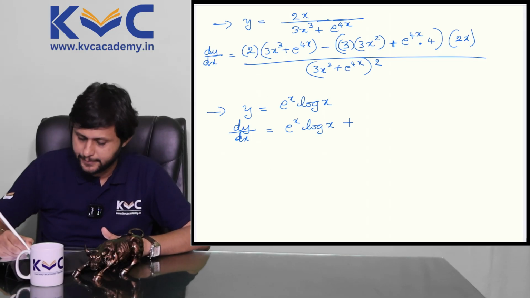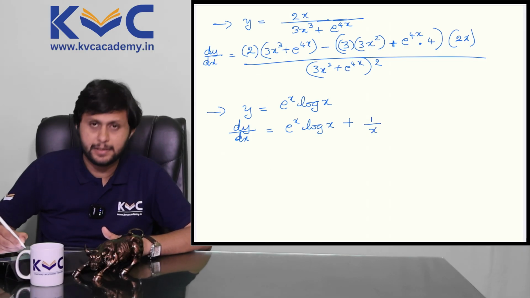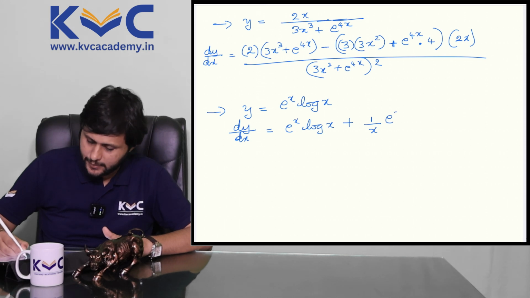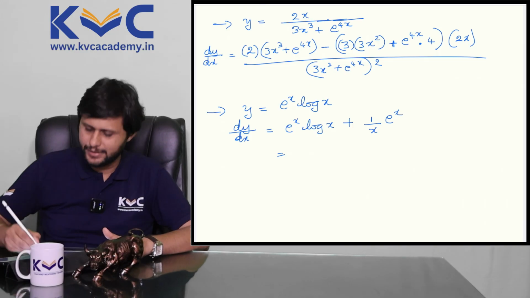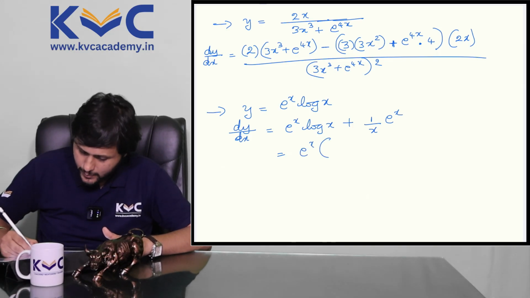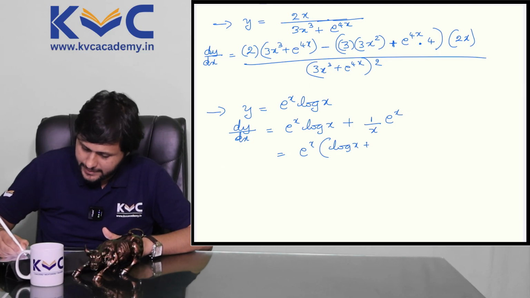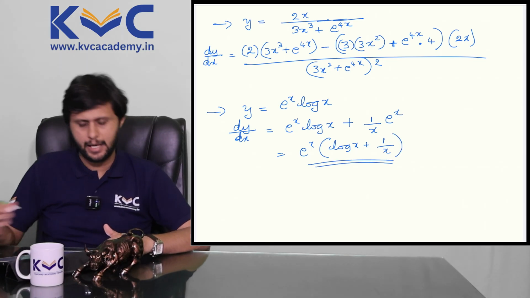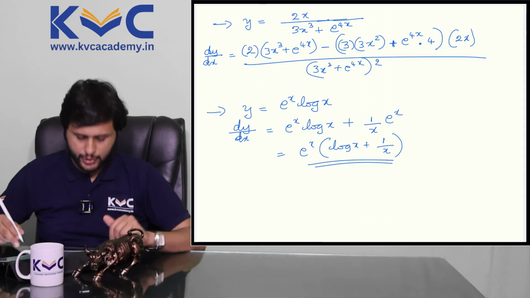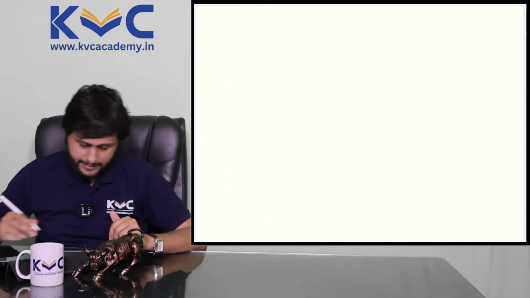Differentiation of log x is 1 by x, first function as it is, e to the power x. If I have to simplify, since e to the power x is common, we get e to the power x times log x plus 1 by x. This is the final answer. I'll just take two more questions now. Then we'll go to the exercise.